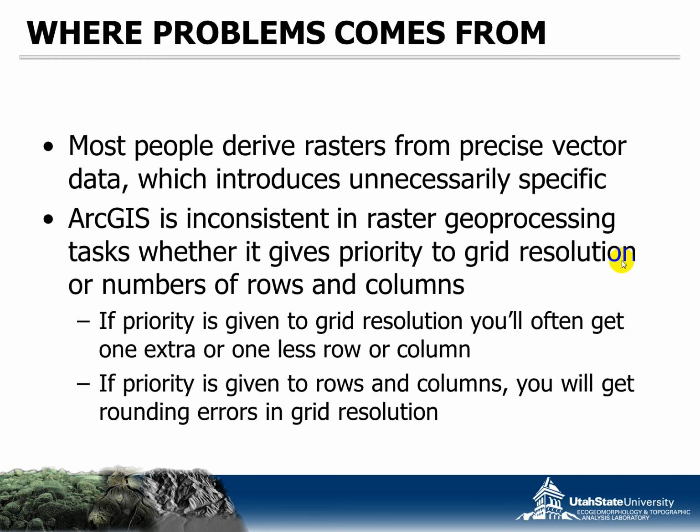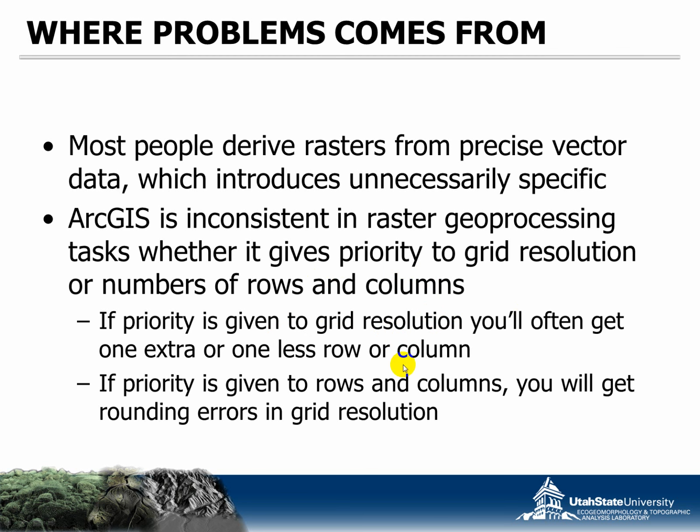And so what Arc does is it's a little bit inconsistent also in raster geoprocessing tasks on which things it gives priority to, whether it gives priority to grid resolution or the numbers of rows and columns, or basically you could think of this as whether it's the extents here. And so if priority is given in a particular tool to your grid resolution, so no matter what, it's going to hold the grid resolution constant, what often happens is you'll get one extra or one less row or column.